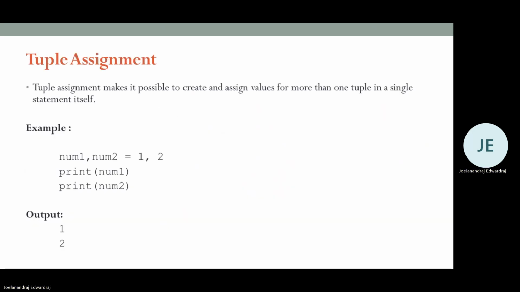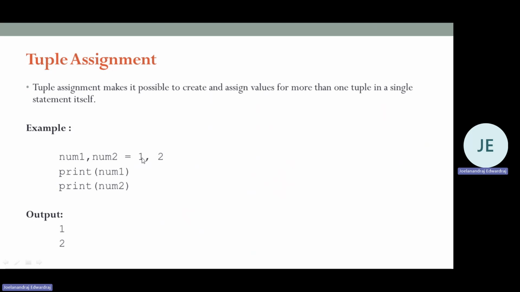Next is tuple assignment. Tuple assignment is a way to assign multiple values to multiple variables in a single stretch. If you want to assign values 1 and 2 to variables num1 and num2 in a single stretch, we can do it.